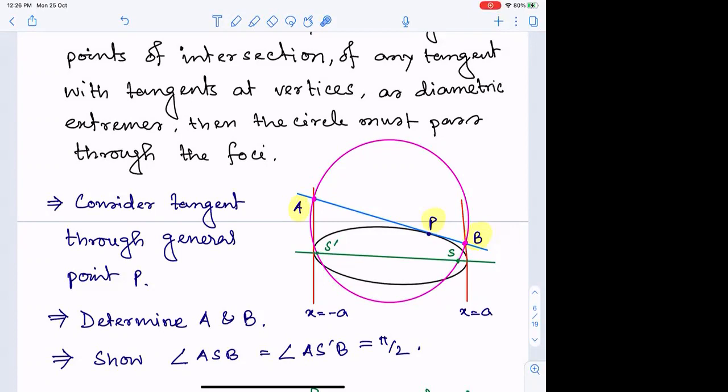Like if P is a cos theta comma b sin theta, then the tangent is x by a sec theta plus y by b cosec theta equals 1. So that will bring trigonometric terms into consideration, and trigonometric terms are always connected by their identities. So we will have more scope for easier association. There are so many trigonometric relations we already know that can be useful in that calculation.